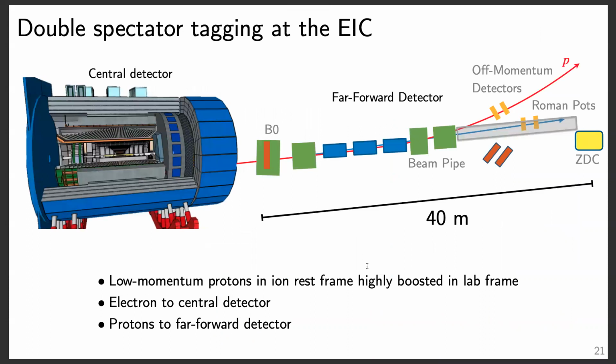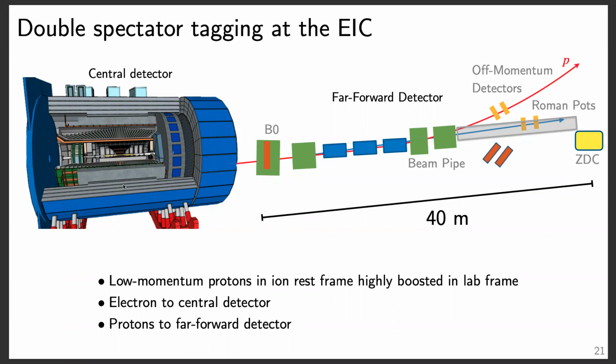because these protons that are low momentum in the ion rest frame are highly boosted, since this is a many-GeV beam. And so what this means is that these spectator protons now have large enough momentum to be able to reliably detect. This is a schematic cartoon of the central detector at the EIC, which would be responsible for detecting the scattered electron.